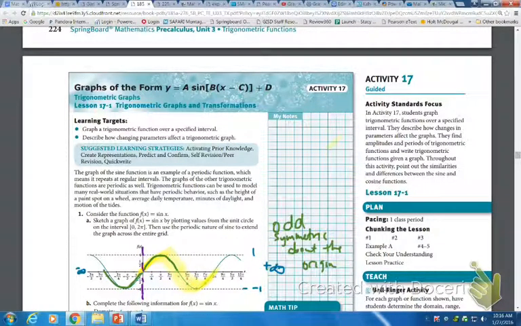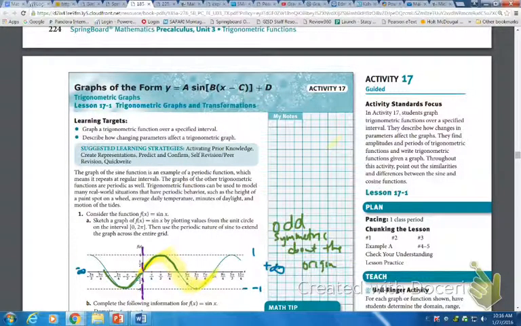Okay. So the last thing is, let's look at where it's increasing and where it's decreasing, just to get a little better handle on this. So we would say it's increasing where? Could we say it's increasing from -pi/2 to what?